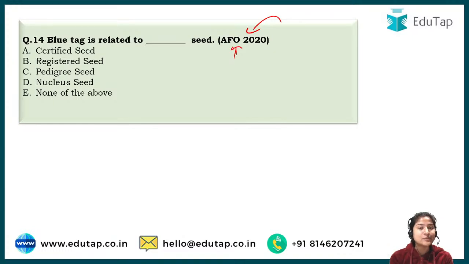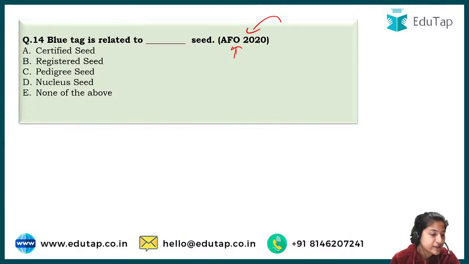But yes, there are some questions which are similar to the NABARD as well. So that is why we are covering it like that only. All right. So Manish gave the additional information that in India it is 1963, and in the world it's 1920. So in such conditions, you just look at the options, that if 1963 is given and not 1920, it means it is asking about the world.